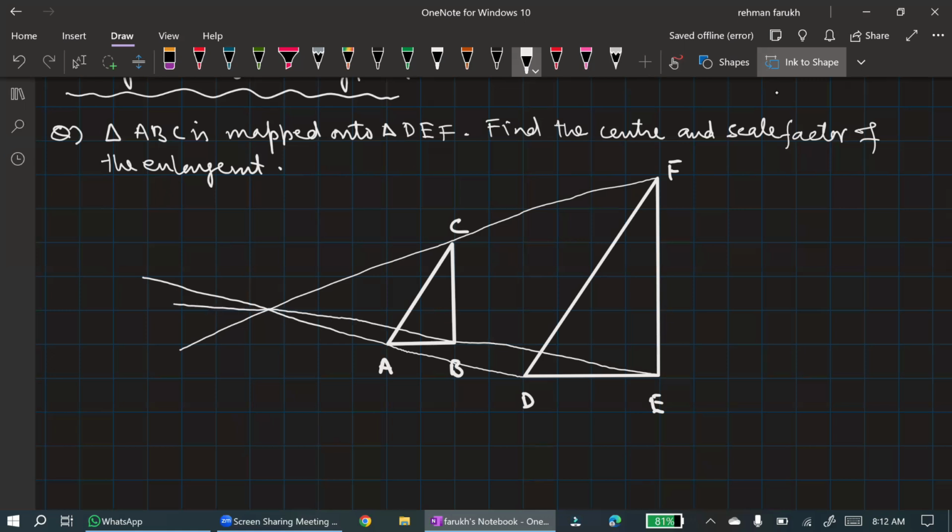The point of intersection of the three lines is the center, say X. We will join the respective images and objects and extend the lines to meet at a point. The point of intersection of the lines is known as the center.